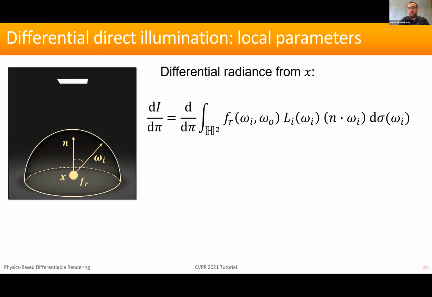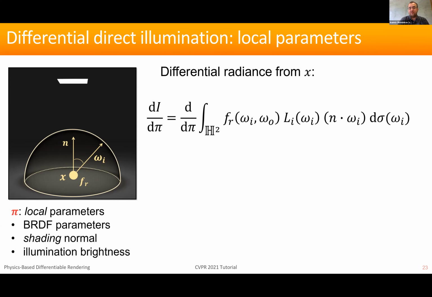The first is parameters that I like to refer to as local parameters, meaning that instead of affecting the entire scene, they just affect the behavior of a light ray as it interacts with just one point in a scene. And these can be BRDF parameters. So if your BRDF has a different albedo, a different roughness value, then these are parameters that would fall under the classification of local parameters.